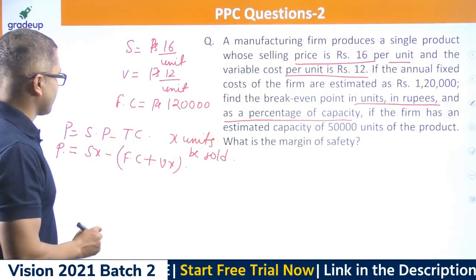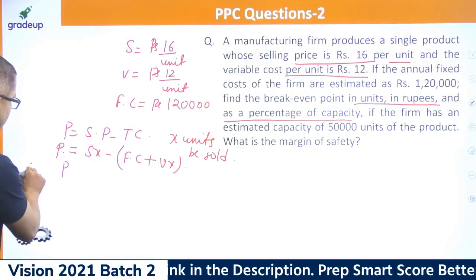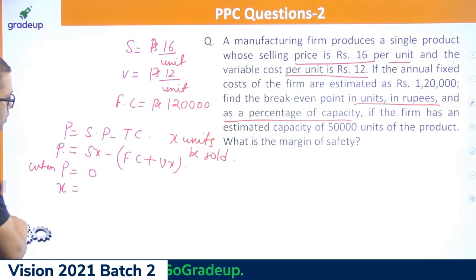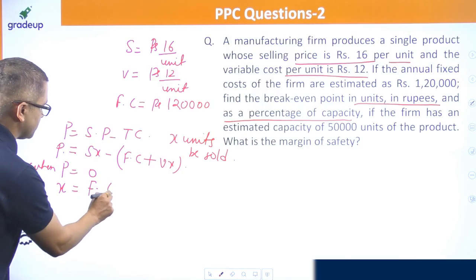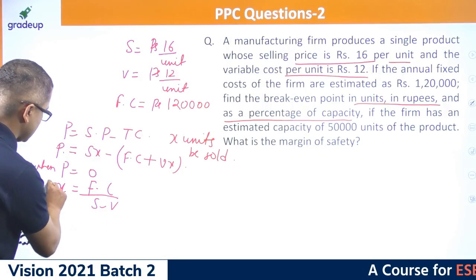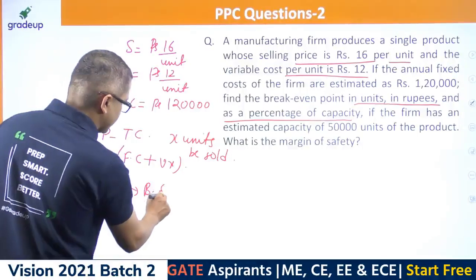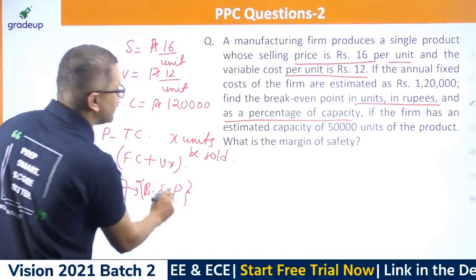Fine. So we said that when profit equals 0, X equals FC upon S minus V, and this X we call the break-even point. This is the discussion we were having yesterday.